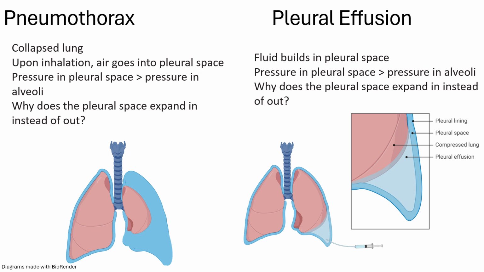The common term collapsed lung usually is referring to a specific thing called a pneumothorax. In this situation, alveoli and the visceral pleura have been breached, or the outside of the body and the parietal pleura have been breached.